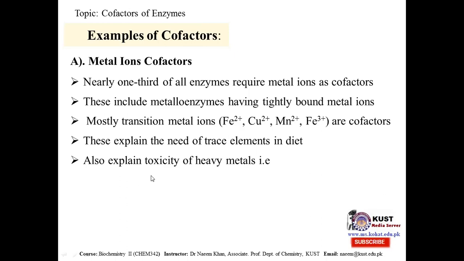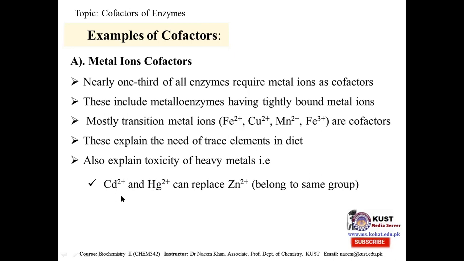This also explains the toxicity of heavy metals. From here we come to know why some heavy metals may be toxic. For example, cadmium and mercury are toxic elements. Why? Because they can replace zinc. Zinc, cadmium, and mercury belong to the same group in the periodic table, so they can easily replace it. If there is cadmium or mercury in the diet, they can replace zinc.